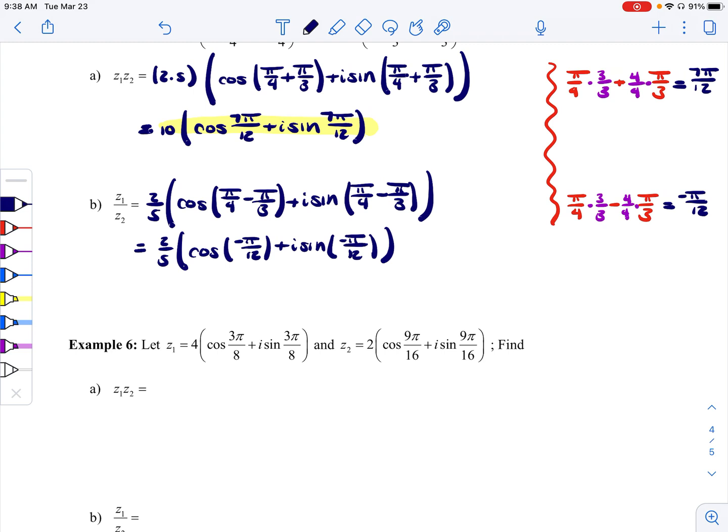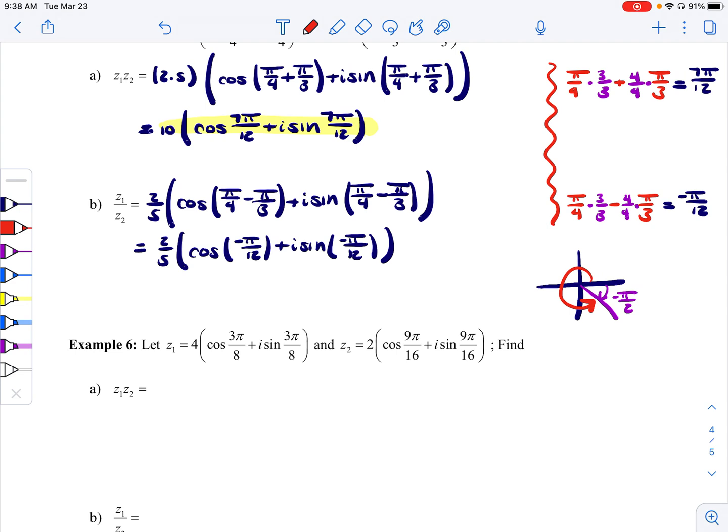Just to give you a visual, negative pi over 12 is down here in quadrant 4. I want to figure out the coterminal positive angle that's also in quadrant 4.